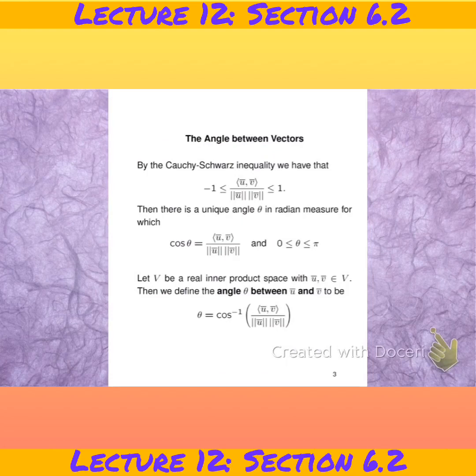Right, then again the Cauchy-Schwarz inequality implies that we have this inequality here, and again it's because the absolute value of the inner product of u with v we said is at most the norm of u multiplied by the norm of v.